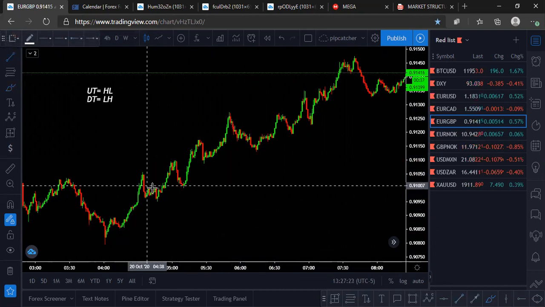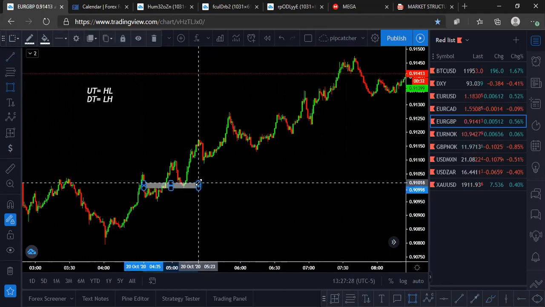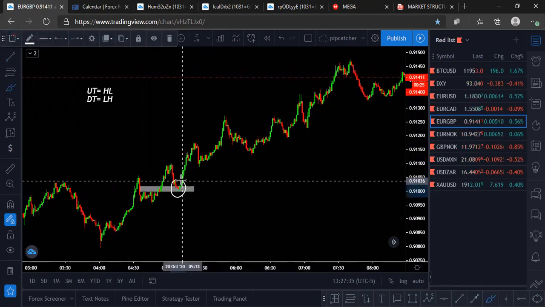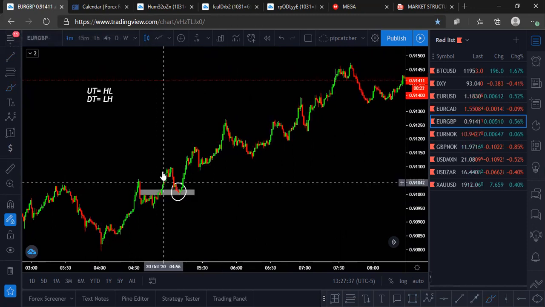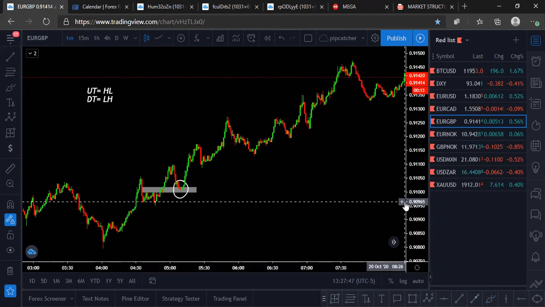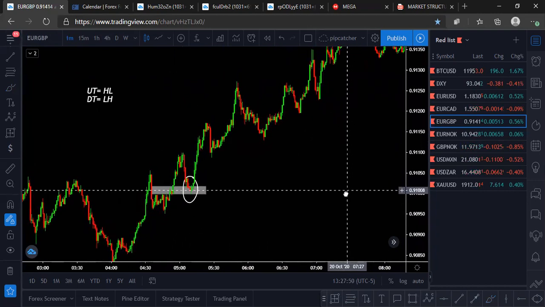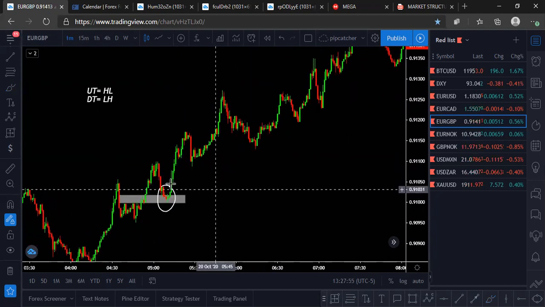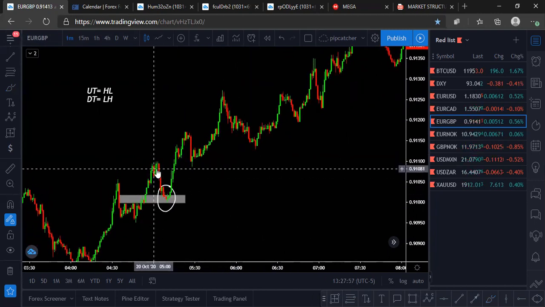If I take a zone of that structure that got broken, in that area this would be where I want my entry opportunity to be. And why is that? Why don't we enter up here? Because if you enter up here, you would be entering at a higher area of supply, and you never want to be buying in a supply area.